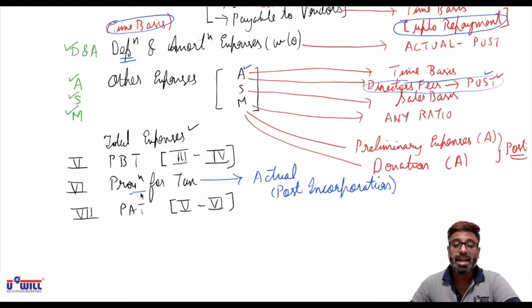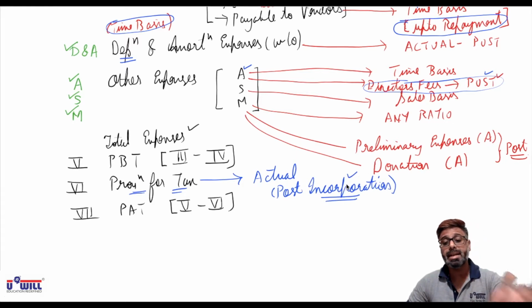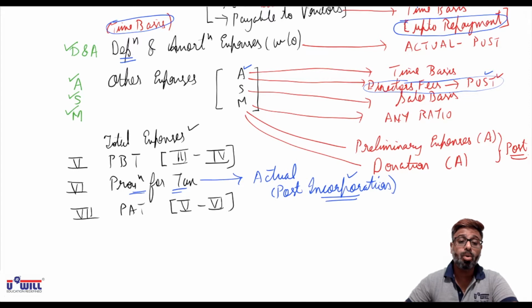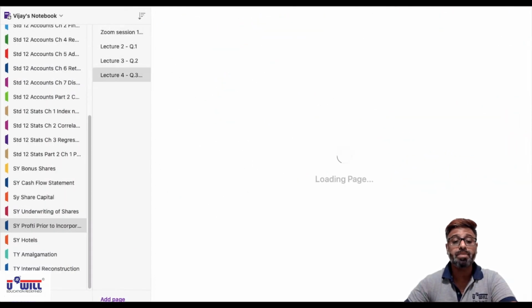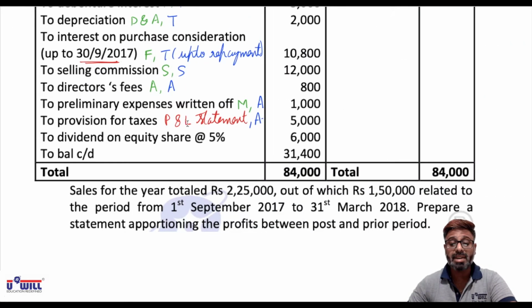So provision for tax can be made by a joint stock company only after it legally exists, that is, after it is incorporated and gets the certificate of incorporation. So a company can make a provision for tax only in post-incorporation period. So provision for tax will directly come in the P&L statement and on actual basis we will take it only in post-incorporation period.